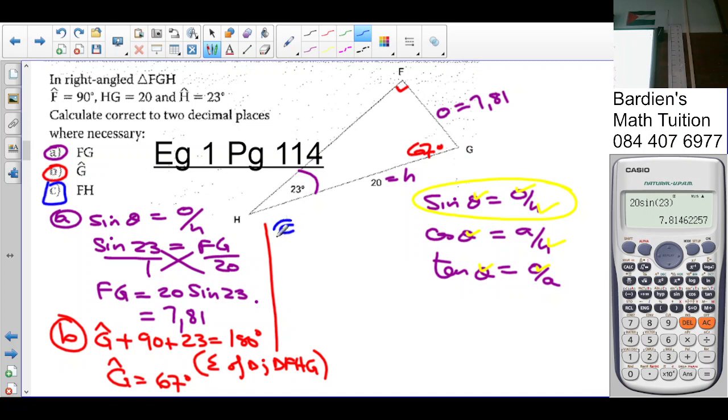C. C asks you to calculate FH, which is this length here. How do you calculate FH? By Pythagoras. So you set up the theorem of Pythagoras.